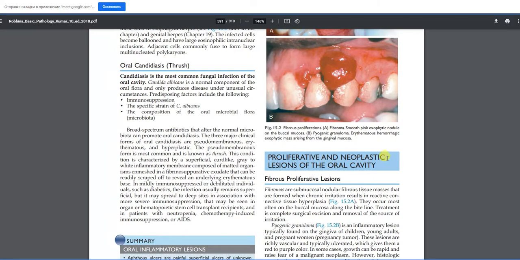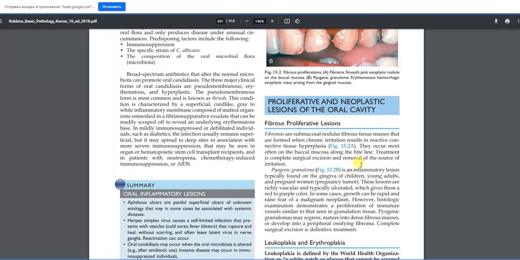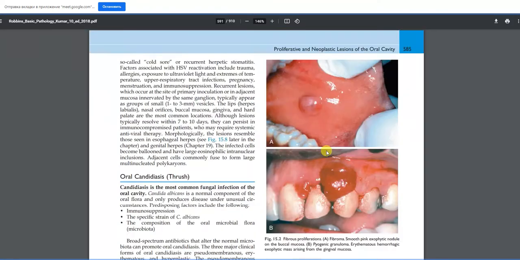Then proliferative and neoplastic lesions of the oral cavity. Here are fibrous proliferations like fibroma of the tongue, and also pyogenic granuloma. Fibroma is understandable: some fibroblast is producing too much fibrous tissue in the proper place.